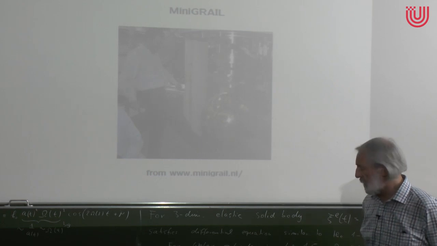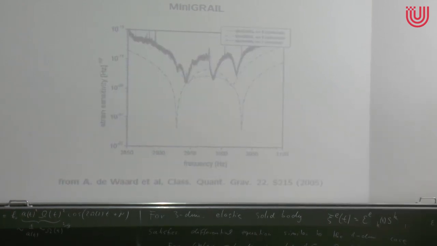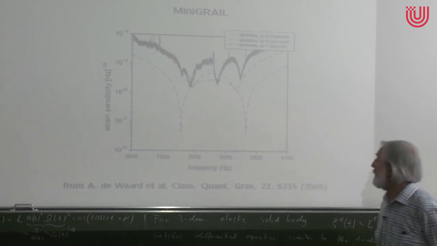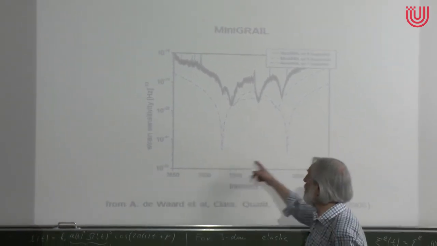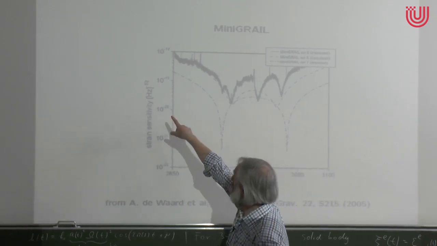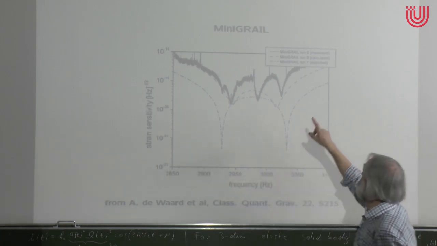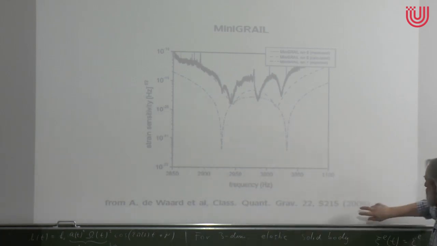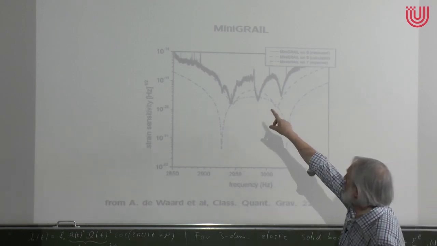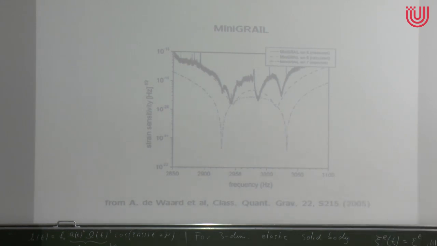So I told you about this spectral density. Let me show you a picture of the spectral density for Mini Grail. You see here frequency. You see here the strain sensitivity in this funny unit, hertz to the power minus 1/2. And what was measured, this is not quite recent, this is from 2005, in one of the runs is this thick and somewhat oscillating curve.